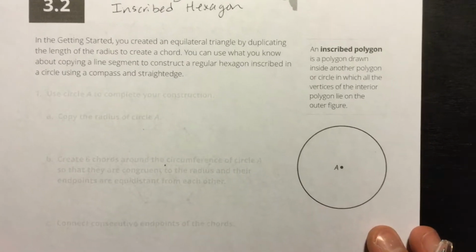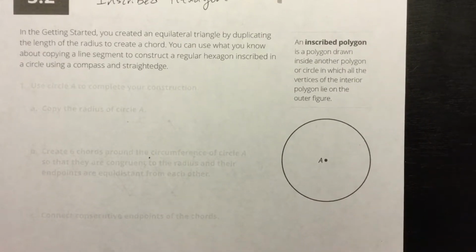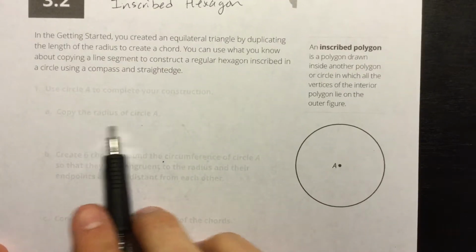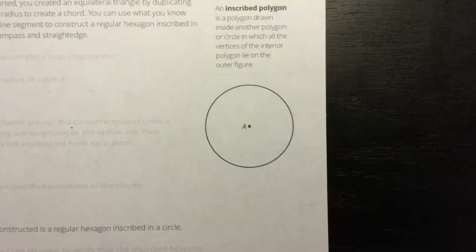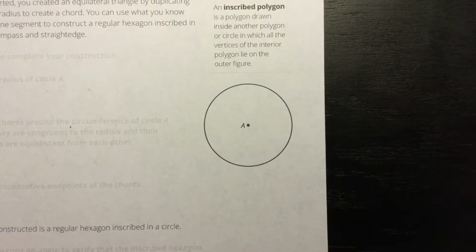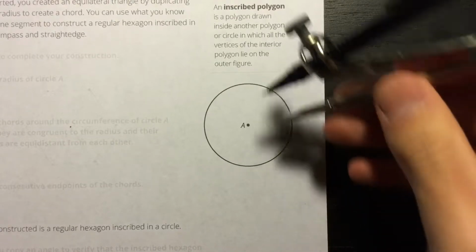Now looking over here, it says use circle A to complete your constructions. This is circle A. It says copy the radius of circle A. There are a couple of ways to do this. You can draw the radius with a straight edge and then measure it. The way that I would copy it is using my compass.